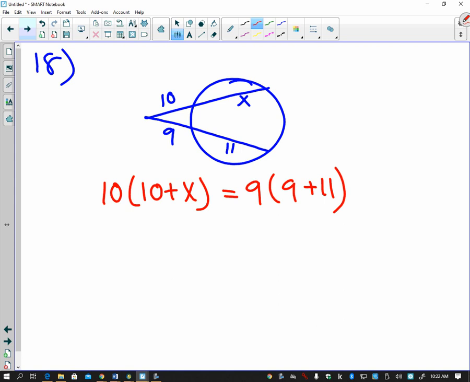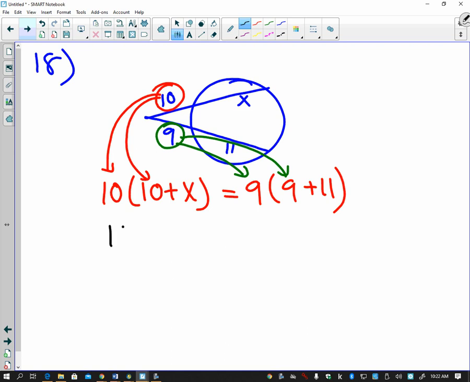All right, so the first number, this goes on the outside, and it will go here. We got it now? Okay. So we'll keep going with it. All right, so we'll distribute.